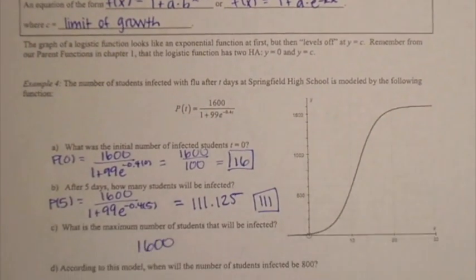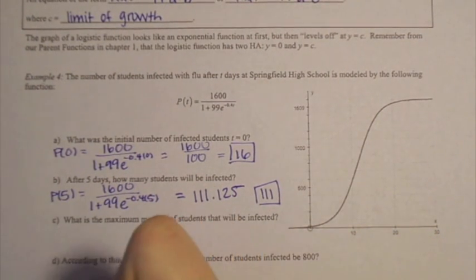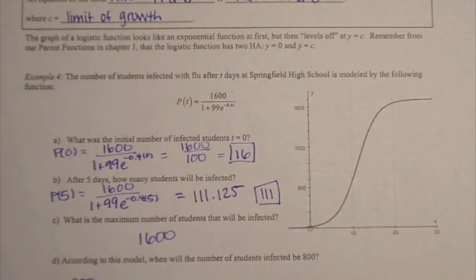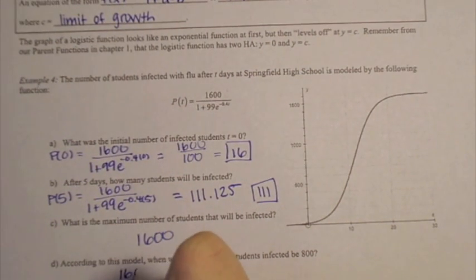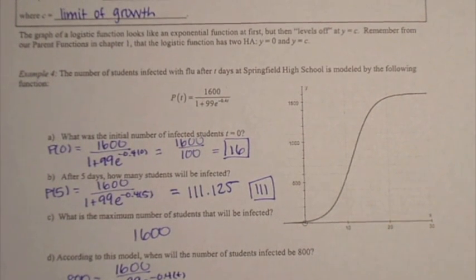Now, according to this model, when will the number of students infected be 800? So we want to find out when 800 students have the flu. So we set our equation equal to 800. And to solve for T, we're going to have to graph this.